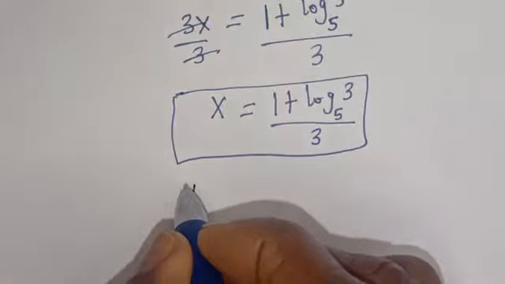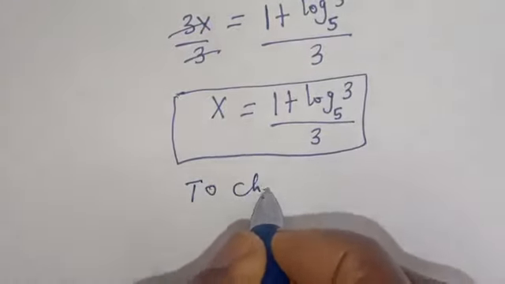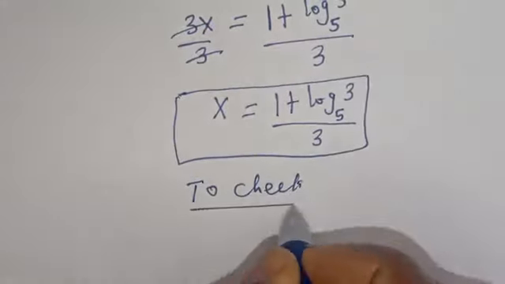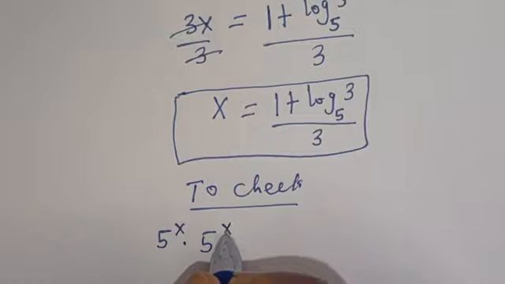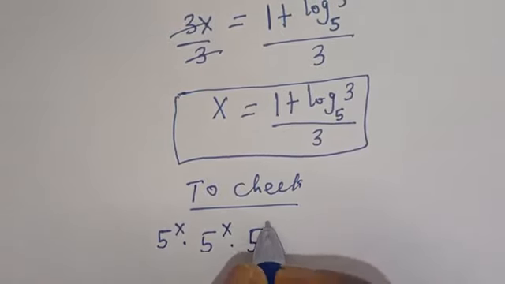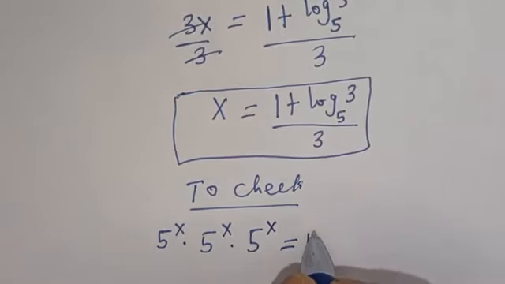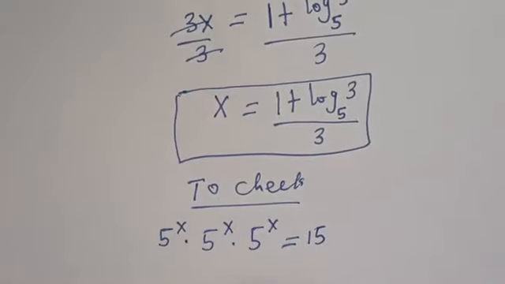To check, we have the given equation 5 to the power of x multiplied by 5 to the power of x multiplied by 5 to the power of x is equal to 15.